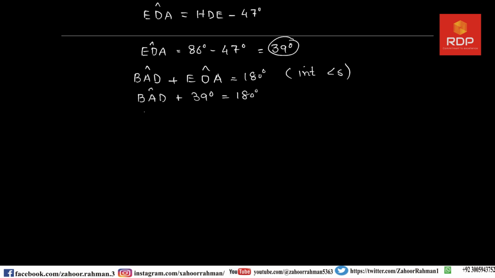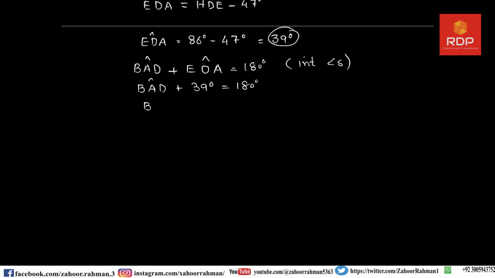Now BAD is equal to 180 degree minus 39 degree, and when we calculate it, that will be equal to 141 degree. Quite simple calculation. BAD is equal to 141. So these were the two parts in question number 6.